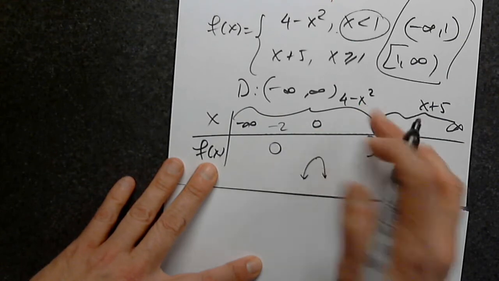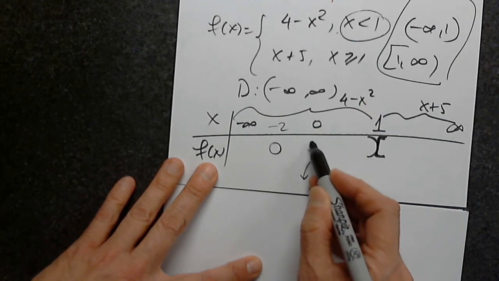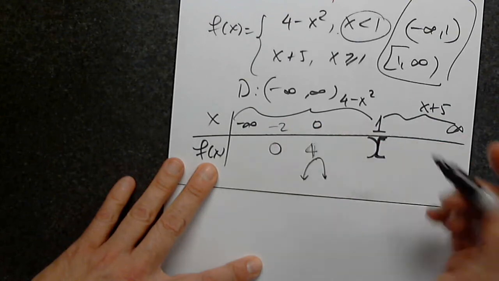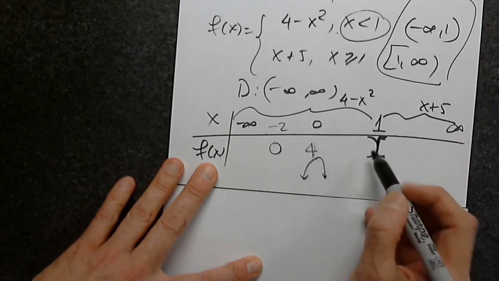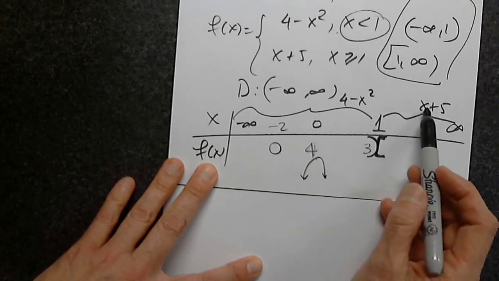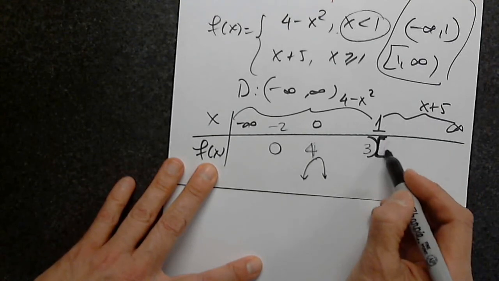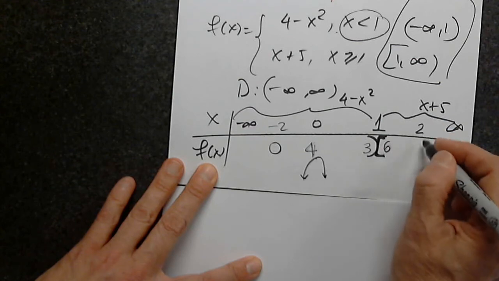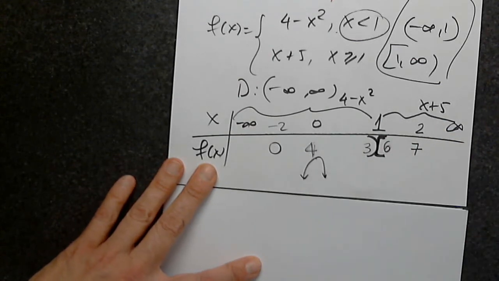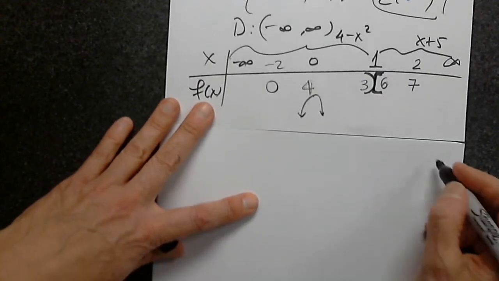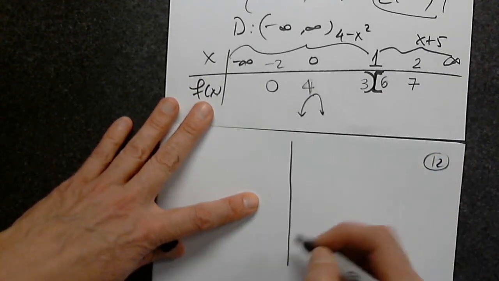Please plug in 0. We know what we get. Very good. Now, I cannot plug in 2 because 2 is here, but I have to plug in 1. Awesome. Now let's plug in 1 on the other side. Let's also plug in 2. 2 plus 5. Okay, so now we're ready to graph.